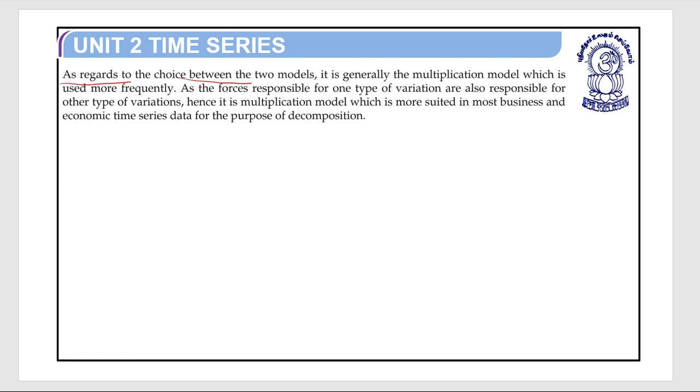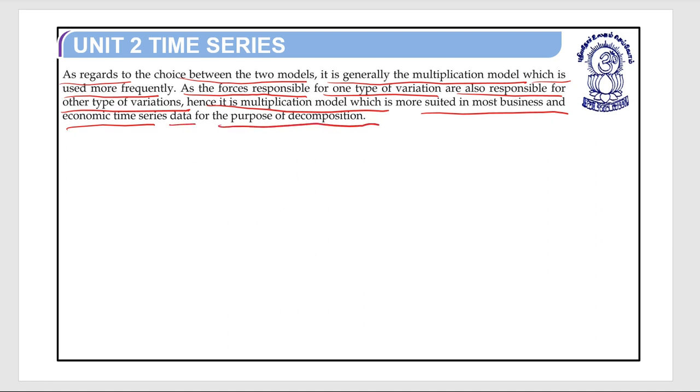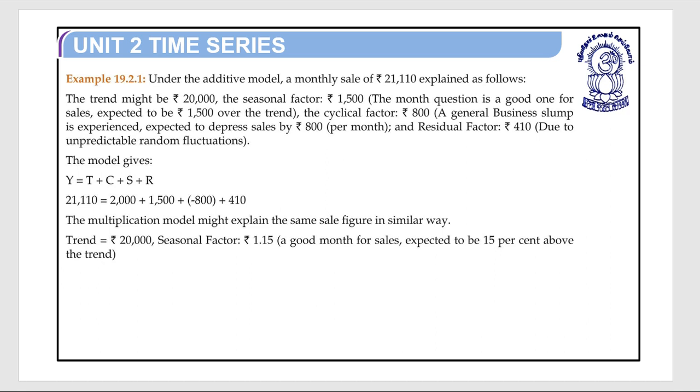As regards the choice between the two models, it is generally the multiplicative model which is used more frequently, as the forces responsible for one type of variation are also responsible for other types of variation. Hence, it is the multiplicative model which is more suited in most business and economic time series data for the purpose of decomposition.